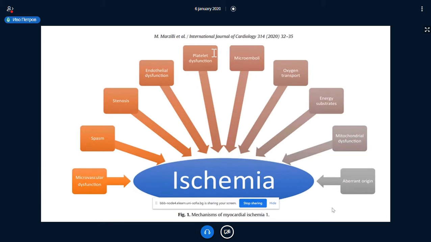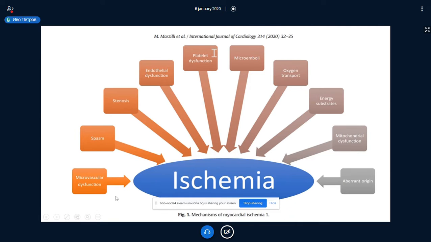But let's be clear, there can be multiple reasons for ischemia. This is in fact a list, and this list is not the complete list of possible ischemia reasons.